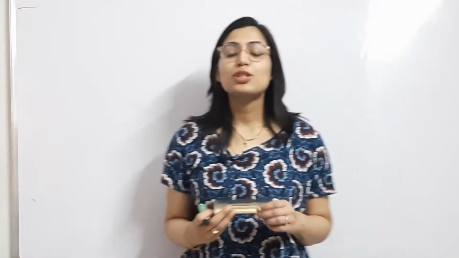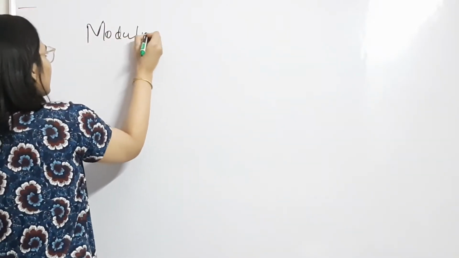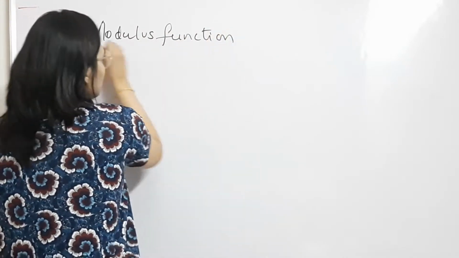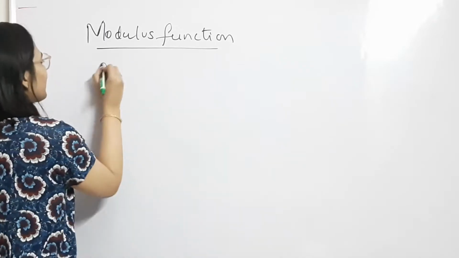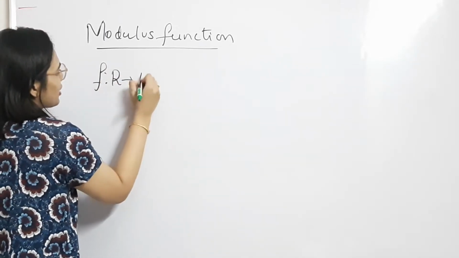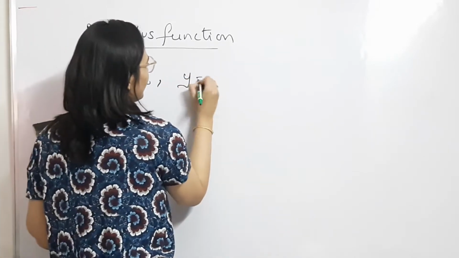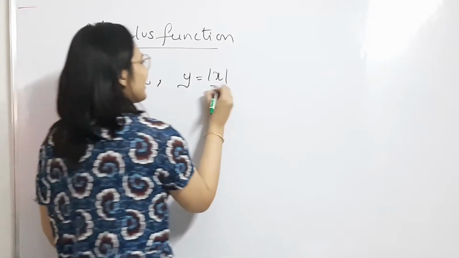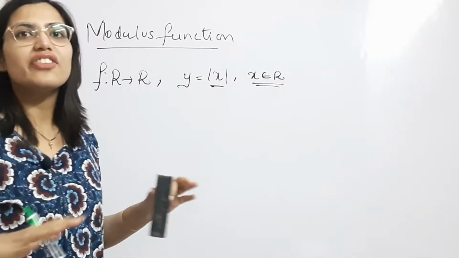So what is an absolute value function or a modulus function? Here, you can also call a modulus function an absolute value function. So what is this function? It means that whenever there is a function that is defined from R to R, and you write this function as y is equal to mod x, where x belongs to R, that means x is real numbers.